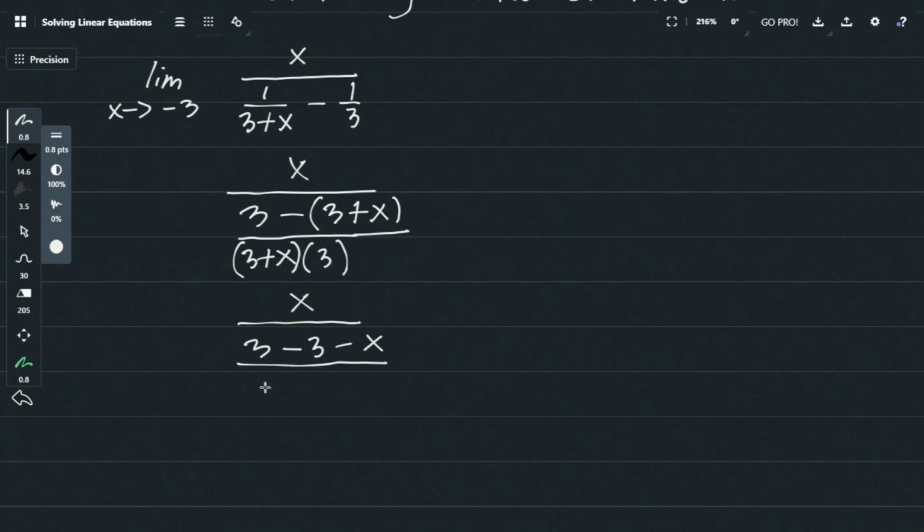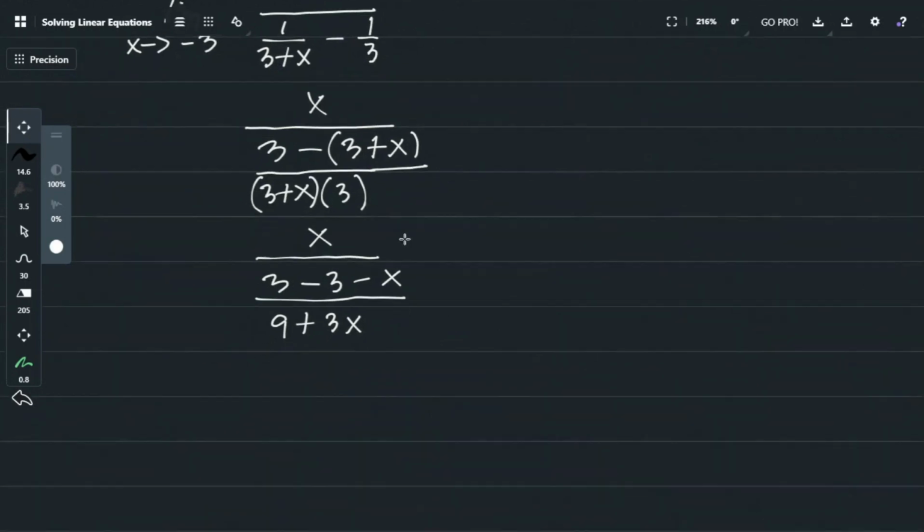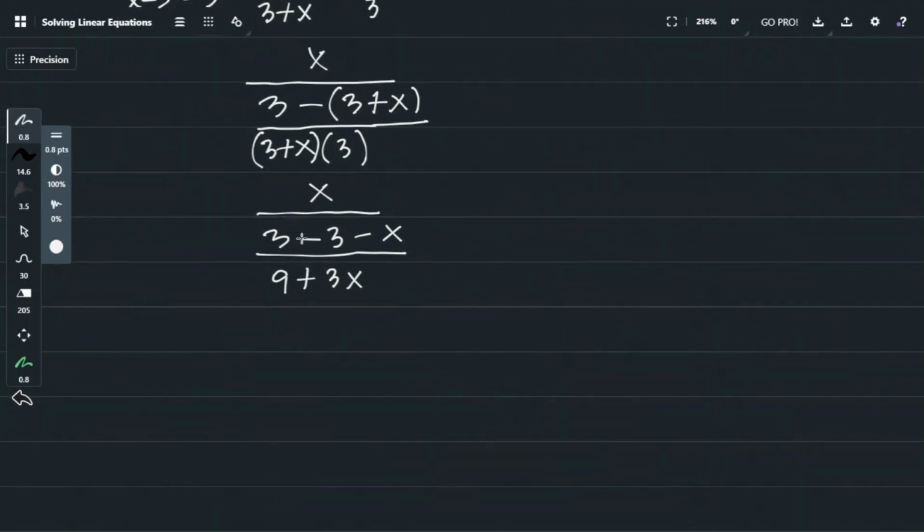So 3 times 3 is just equal to 9 plus 3x. Okay. So now we can cancel this out. So we have x over -x all over 9 plus 3x.